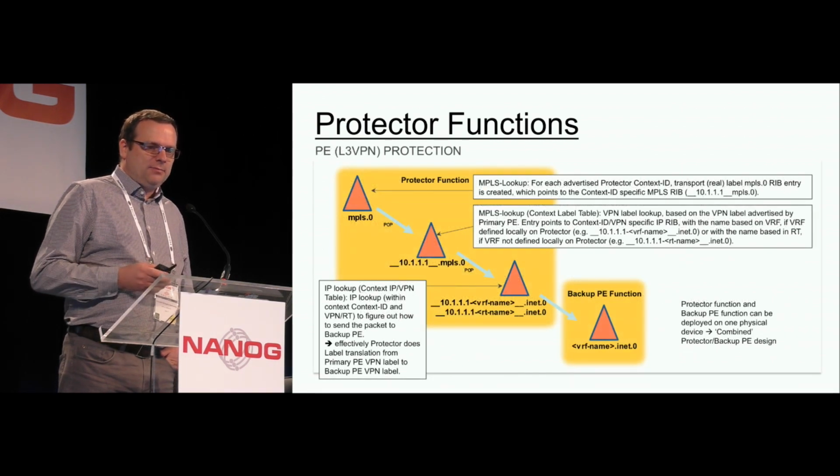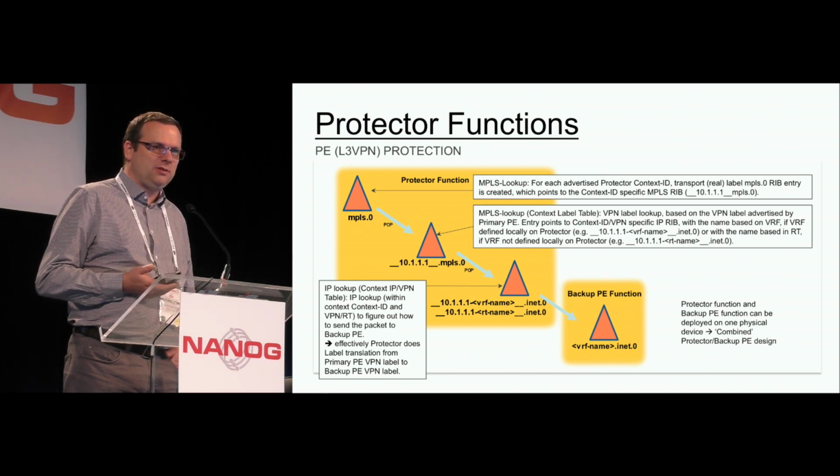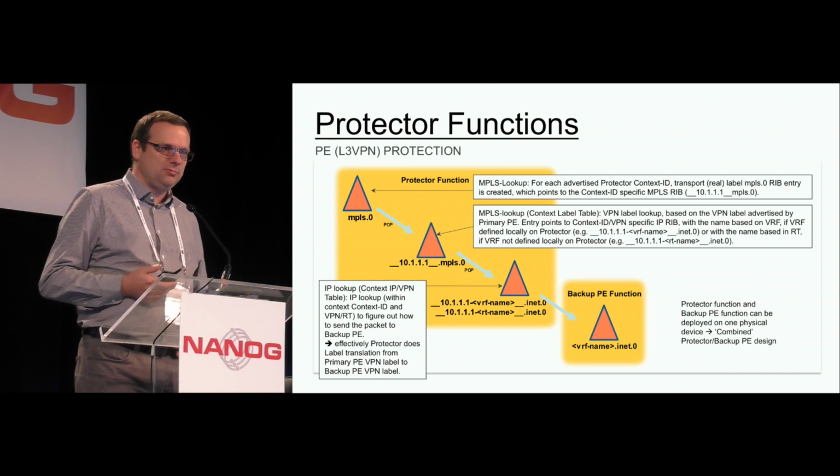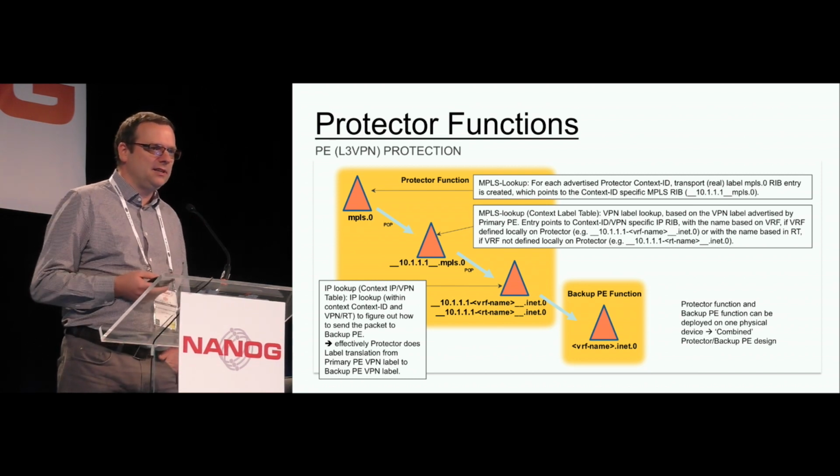And here's an example of the routing table structures that we have. Basically, first we have the MPLS FIB, so the MPLS table. When the packet arrives, it will have some MPLS labels, so first the packet is checked against this MPLS table.